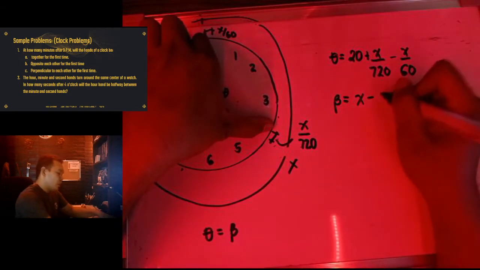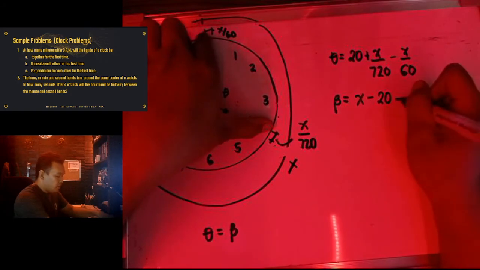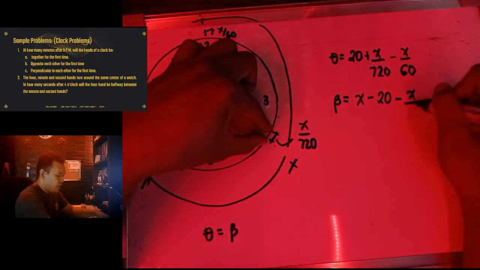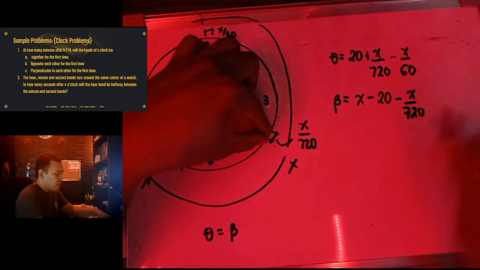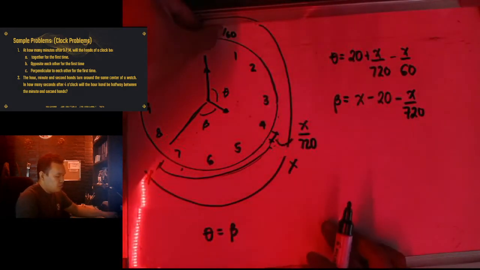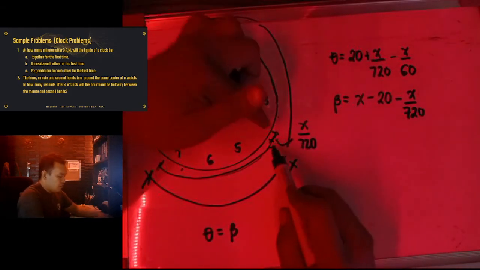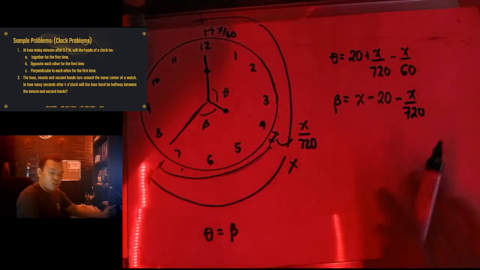So, yan ay 20 minus yung distance travel nito, x over 720, para makuha mo yung distance na to. Diba? Kasi parang buo minus nito, minus buo minus nito at minus nito. Makuha mo itong dito. Yun yung beta.